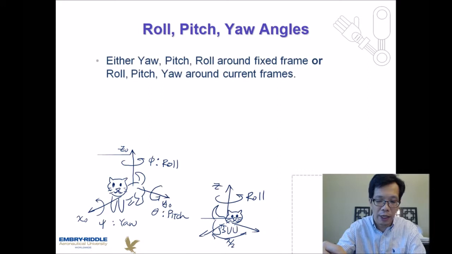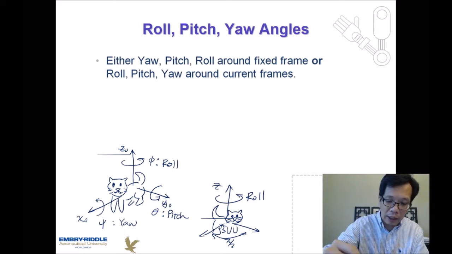If you say your cat is rotated about a 90-degree yaw angle, then your cat is going to look like this.